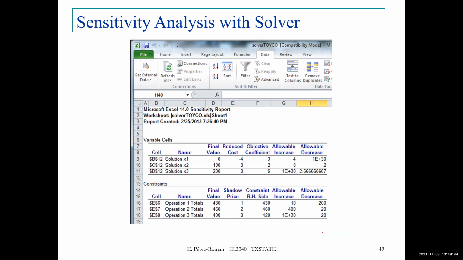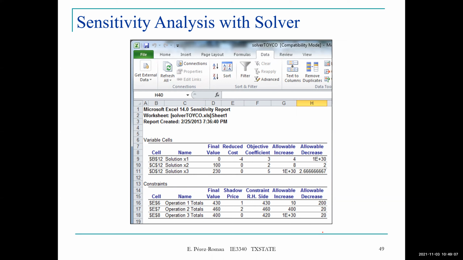And then this is telling you the allowable increase for that coefficient is 4. The allowable decrease for that coefficient is a very large number, so you don't have a bound for that decrease. So this is the objective function coefficient analysis.